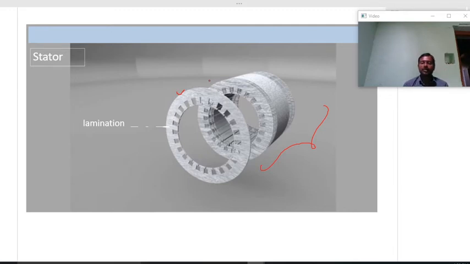So why are the laminations provided? The major advantage of placing laminations is that it reduces eddy current losses.